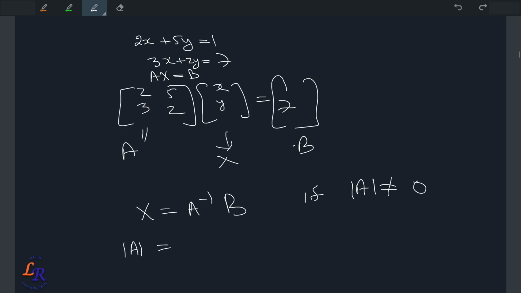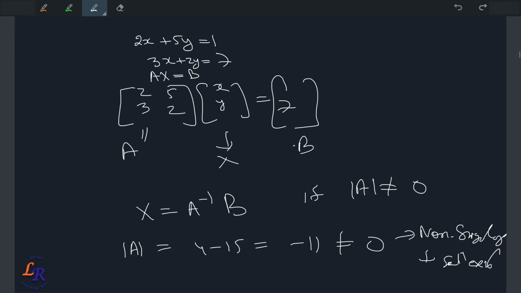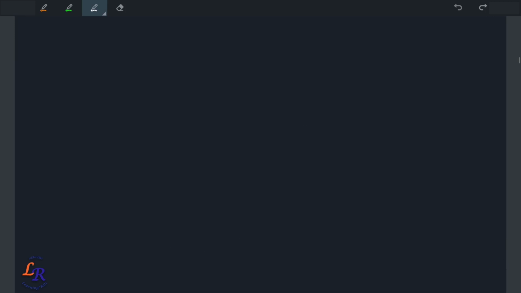So determinant of A is equal to 4 minus 15, which is minus 11, right? Which is not equal to 0. So it means it is a non-singular matrix, not a singular matrix, so the solution will exist. Now let's find the value of x.